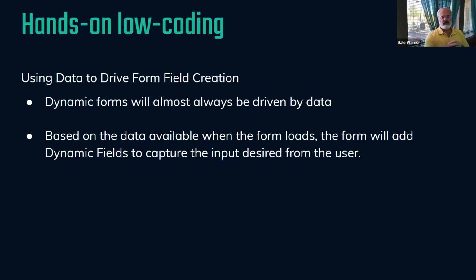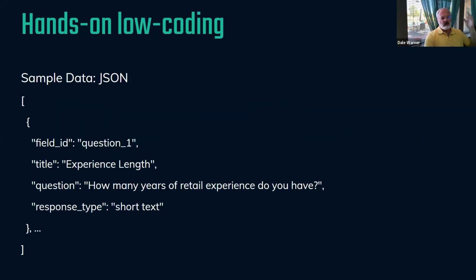So we're going to be using some kind of data, and then based on whatever that data is that's available when the form loads, the form's going to add dynamic fields to capture whatever you want from the user. So it's data driven. In our example today, I have pre-built some JSON that has either 4 or 5 elements.